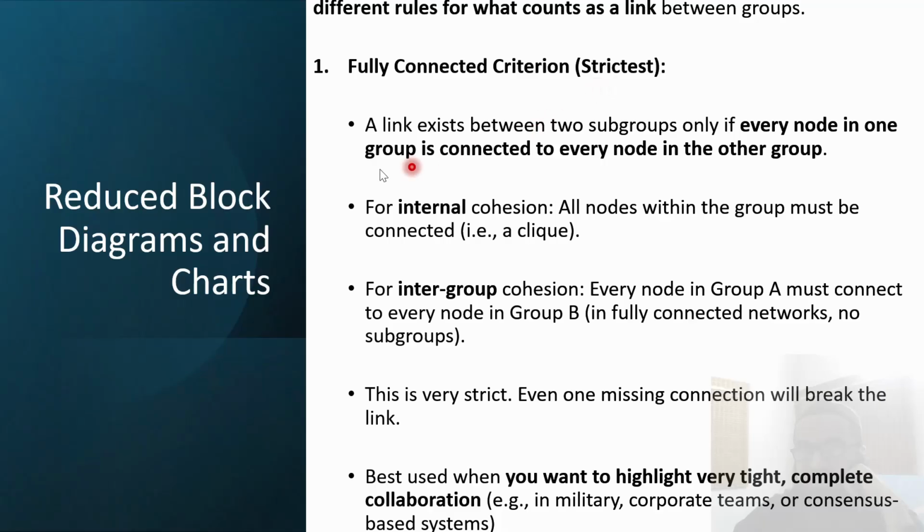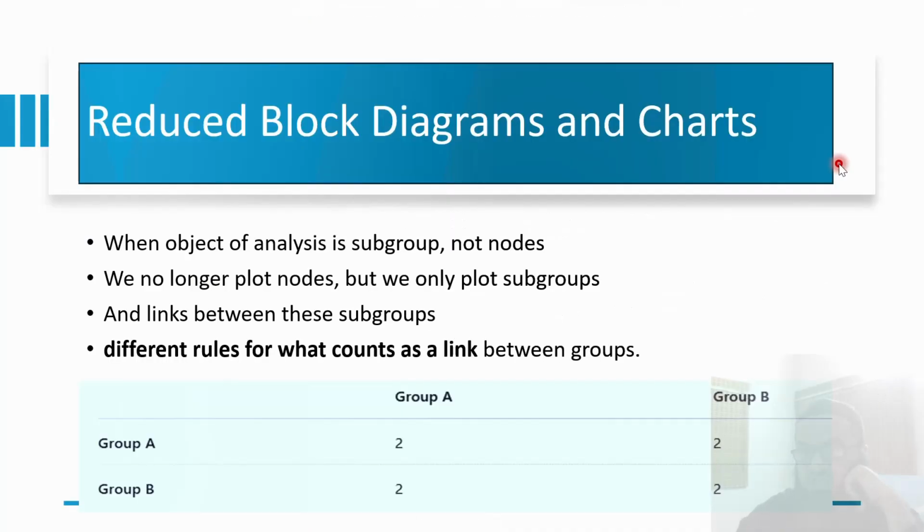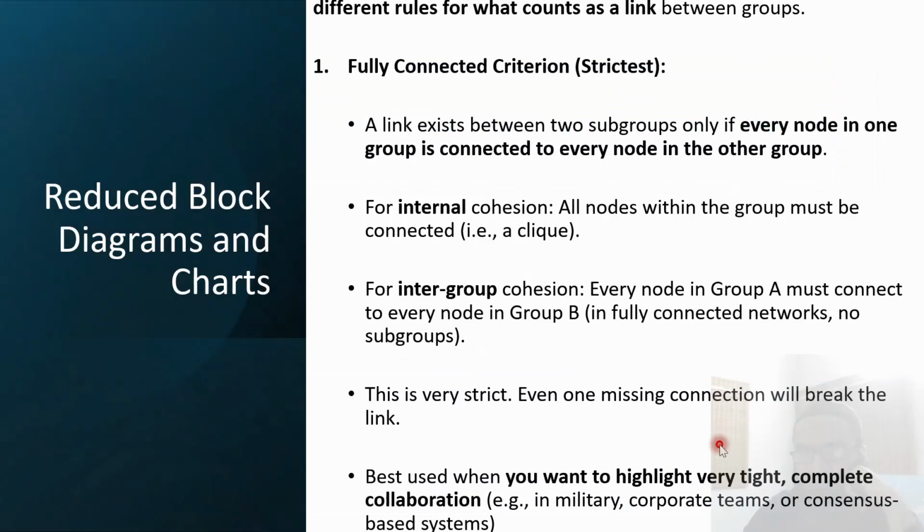Fully connected criterion: a link exists between 2 subgroups only if every node in one group is connected to every node in the other group, right? If this is the case, then most likely group A and group B will be 0, because it will be 1 only if each of them is connected with each one of the other.